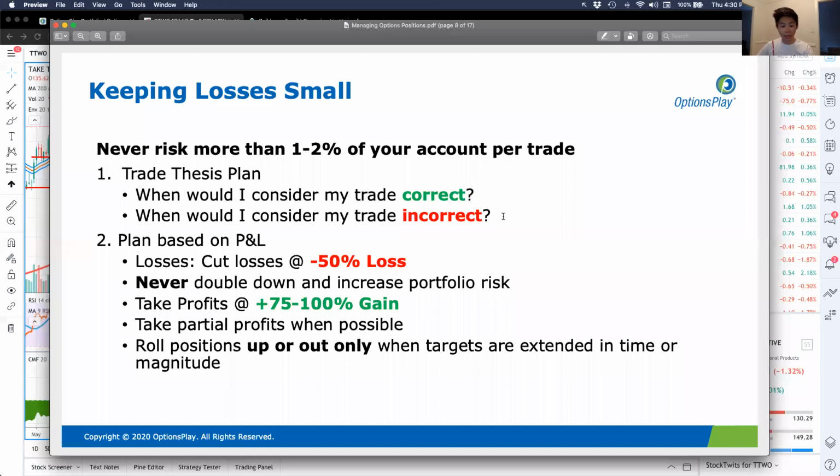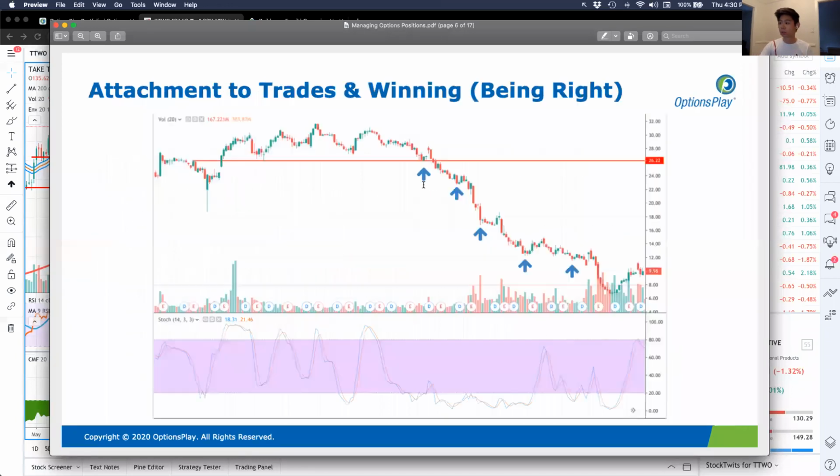If your trade is incorrect, guess what? That is your signal to get out. So in this particular case, when the stock broke below that $26 level, that should have been your signal to say, hey, I'm wrong on this trade, I need to get out, because my thesis was that $26 is a support level. It's no longer true. Get out.